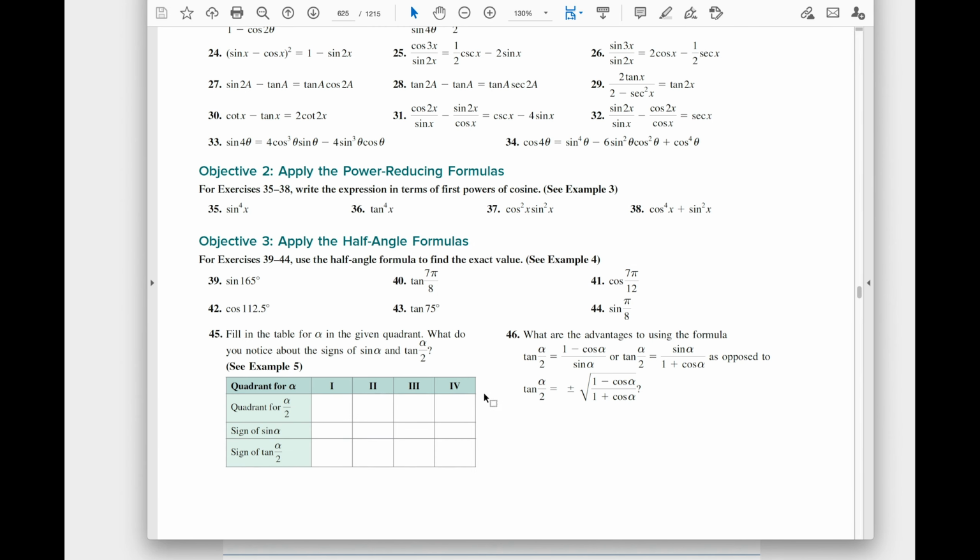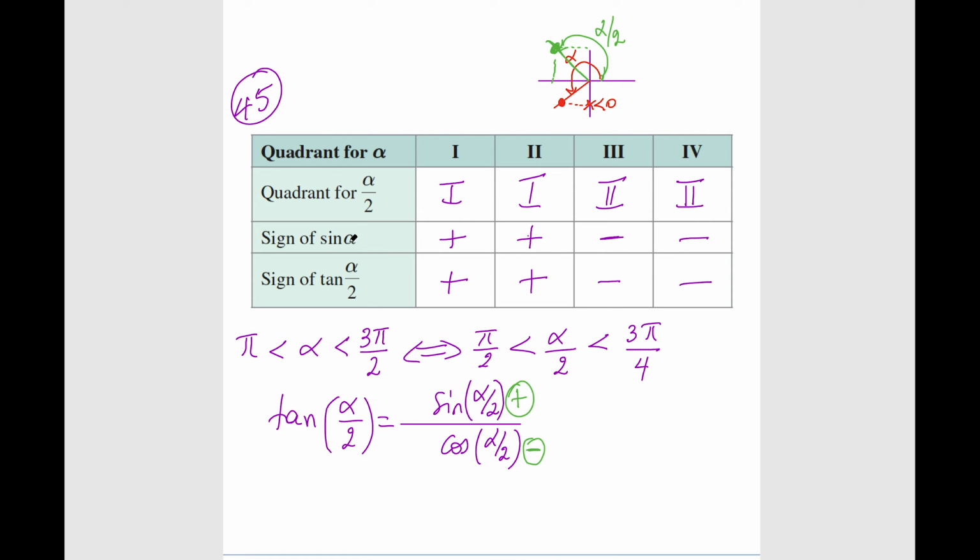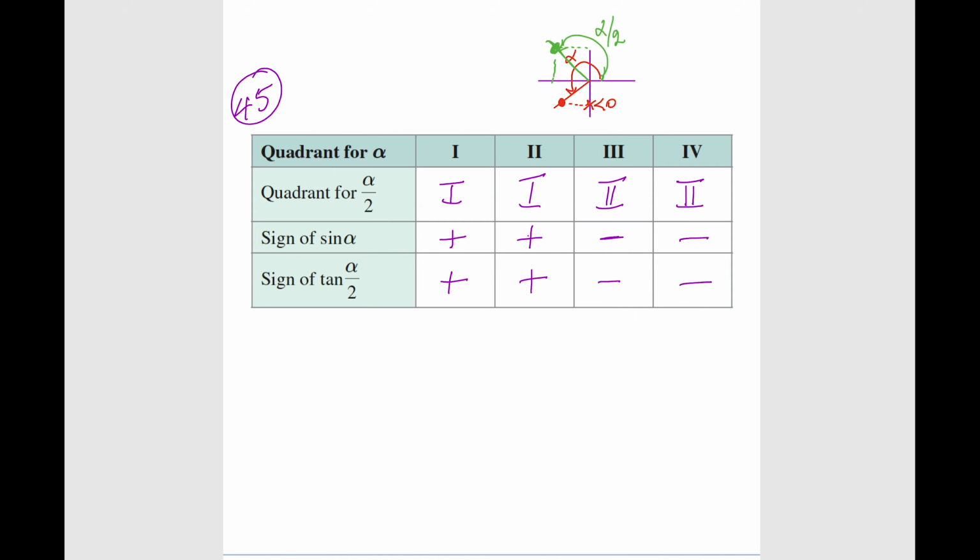And here, if you go back to the book, the question here is, what do you notice about the signs of sine alpha and tangent of alpha over 2? And what we notice about the sign of this function, sine alpha, and the sign of this function, tangent of alpha over 2, is that they are the same, right? Let me erase this part. We notice that they have the same sign, not that they are the same.